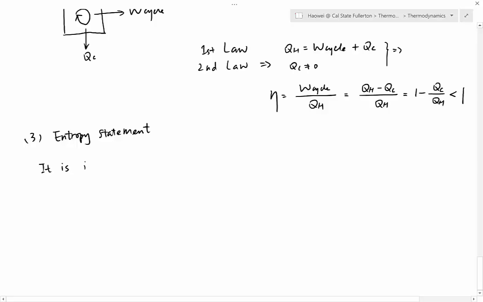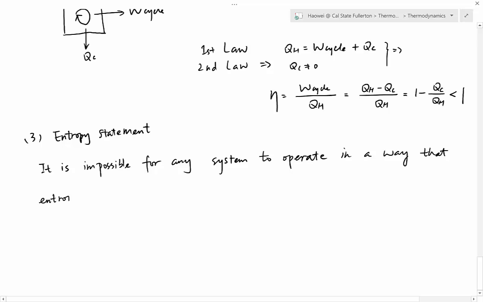It is impossible for any system to operate in a way that entropy is destroyed.